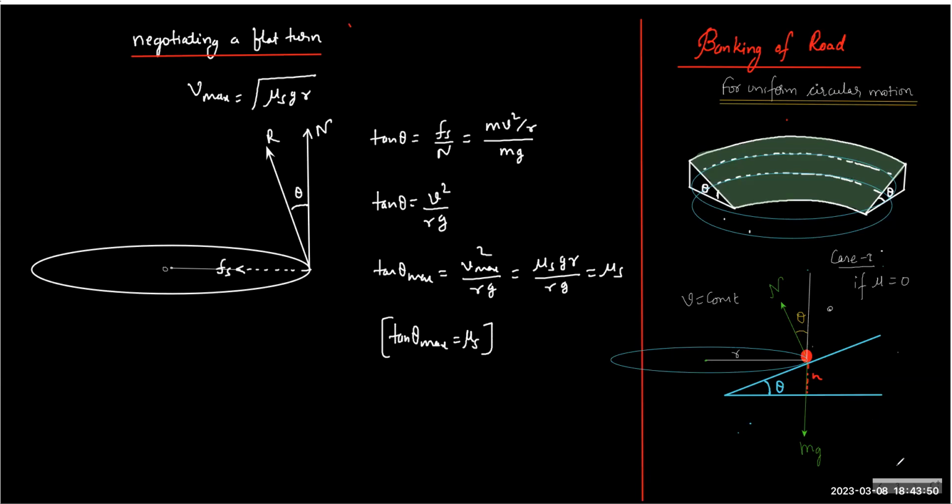And therefore, this is how we start thinking. So N cos theta is balancing what? mg. So this is the concept which we are using, and the concept says that the force perpendicular to the plane of rotation, plane of circle, must be balancing each other out, must be 0.